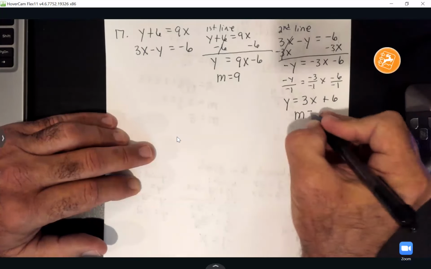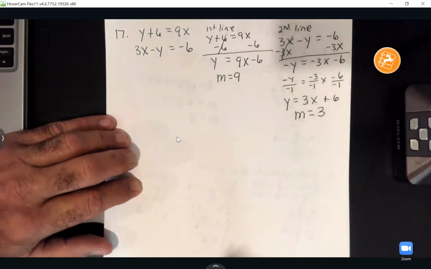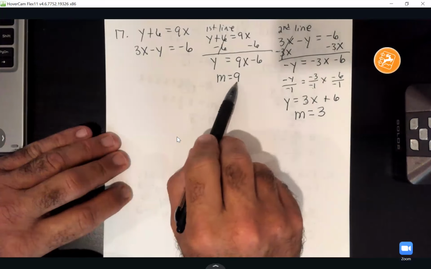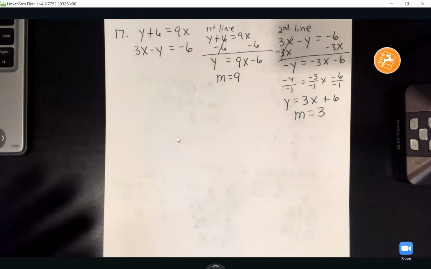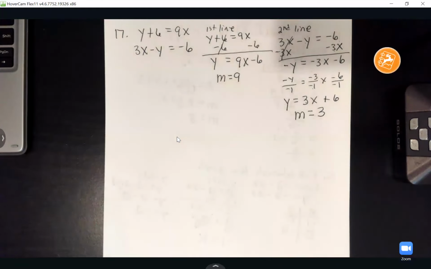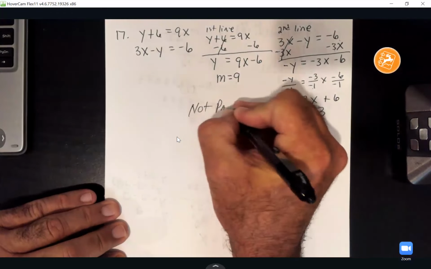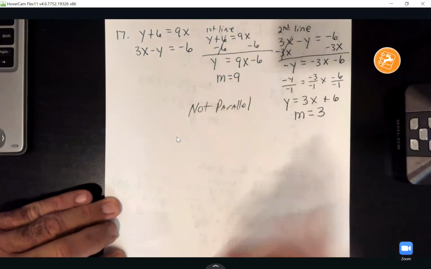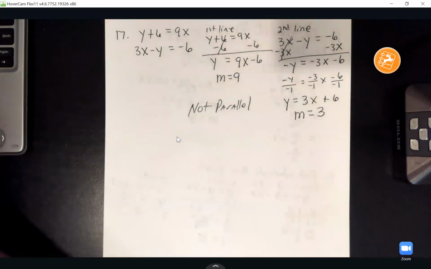So our m on this one, which is the number in front of the x, is a 3. So y'all, this 9 does not equal that 3. So that means these lines are not parallel. Remember, they got to both be 9 or both be 3 for that thing to be parallel.